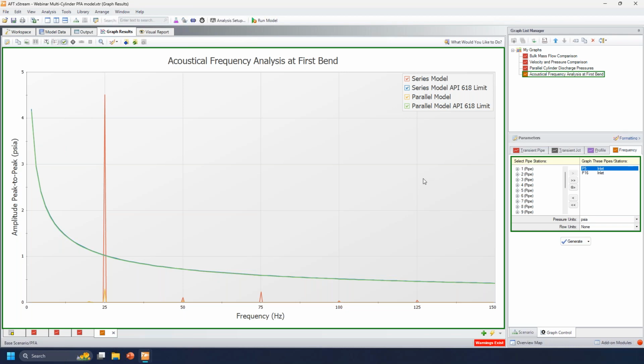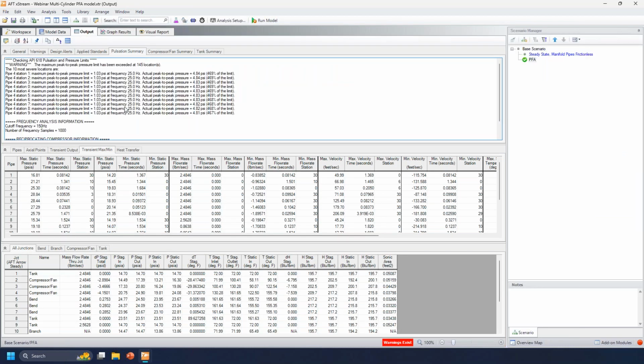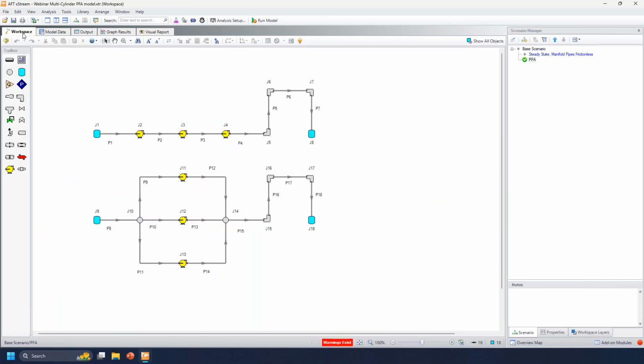However, the low frequency oscillations at 25 Hertz for the series model does. It's violating API 618, which we can see graphically here. And then also in the output and pulsation summary, we can see the same thing for the 10 most severe locations for API 618 violations.